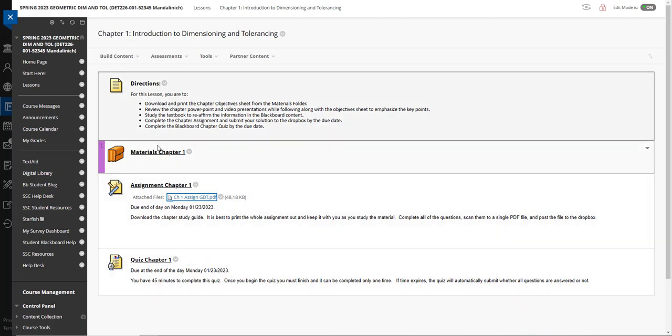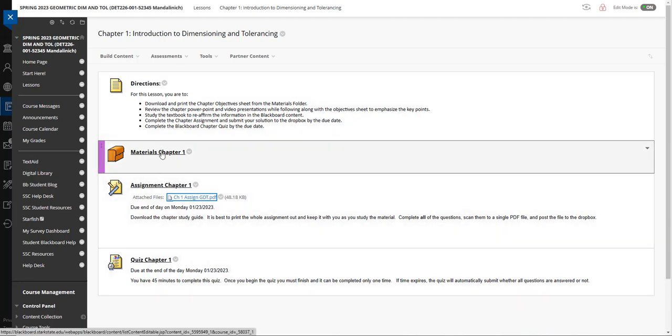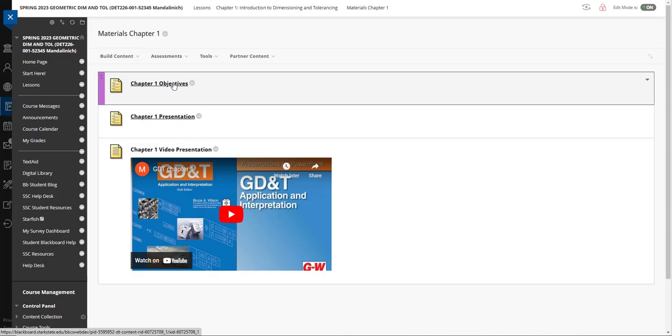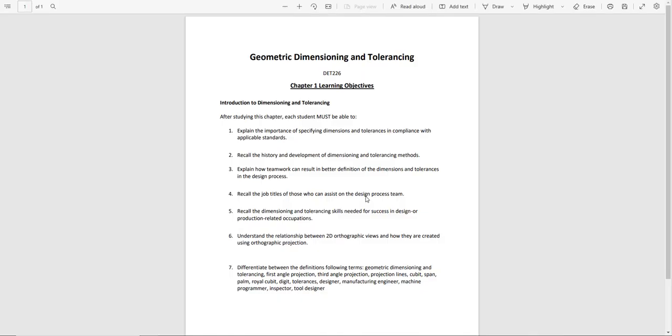Where you're going to find all your materials to study is right here in the materials folder. We'll have the objective sheets, so open up the objective sheets. I would print these out and use them to take notes on as you're studying the material. One of the things to really look at are these terms down here.